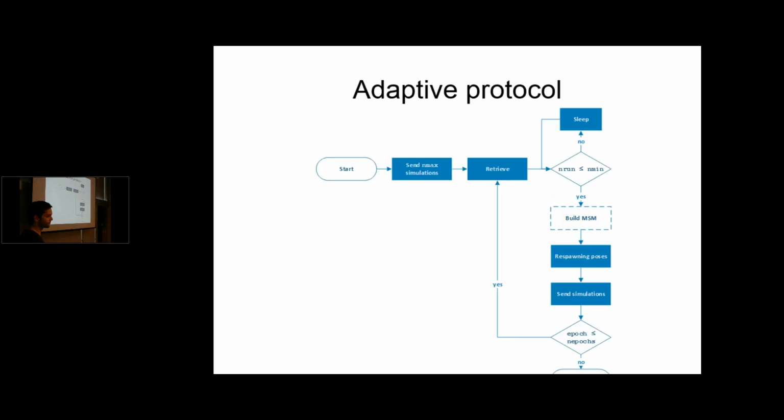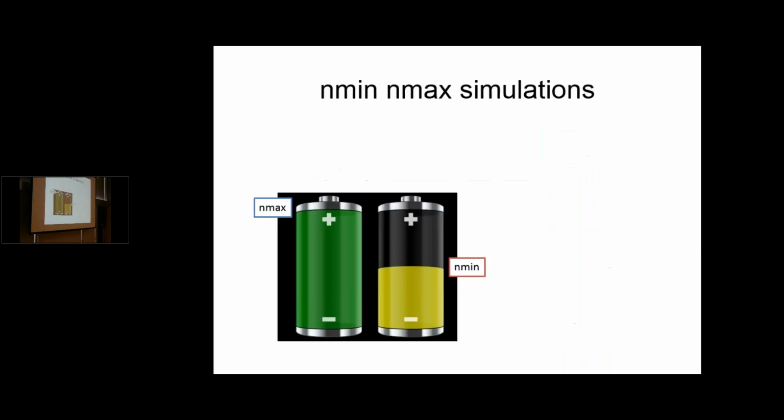Then you do this in a loop for as many epochs as you want. Here, the MSM part is in dotted lines because you can also not use an MSM. You can do anything you want in this part of the algorithm. That's a nice thing about HTMD, that you can plug and play different algorithms for adaptive sampling.